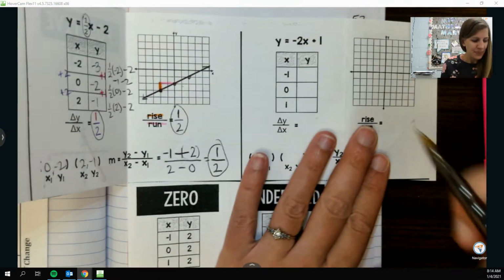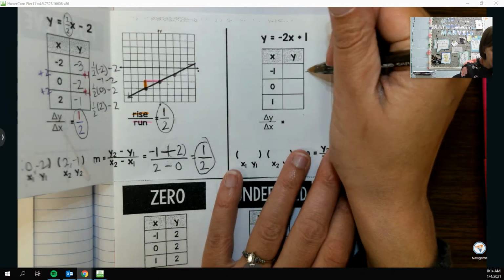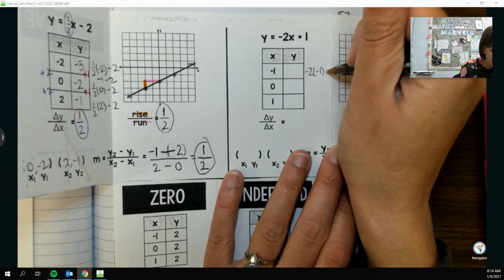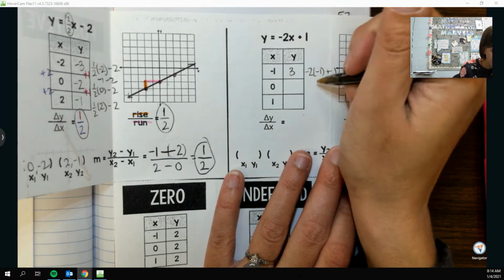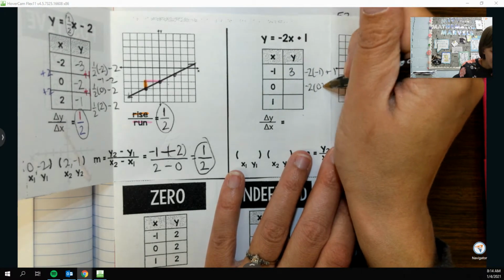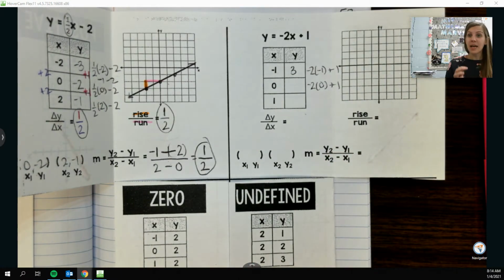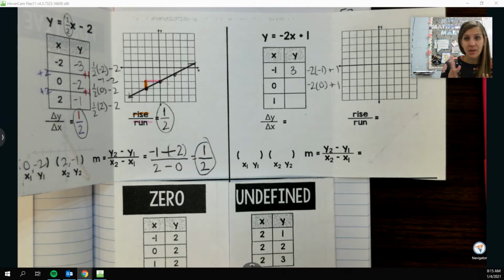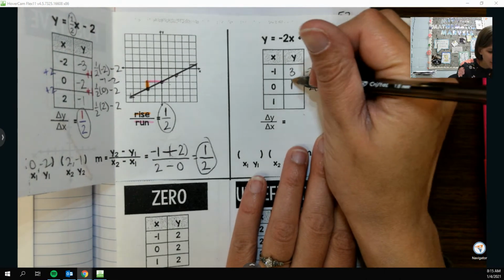So if we open this up, we could plug in our x values to get our y values. So we'd have negative 2 times negative 1 plus 1. So that's going to be 2 plus 1 for 3. When I plug in 0, and again, with this one, it didn't matter which x I picked because it wasn't a fraction by the x. So 0 times 2 is 0, plus 1 is 1.